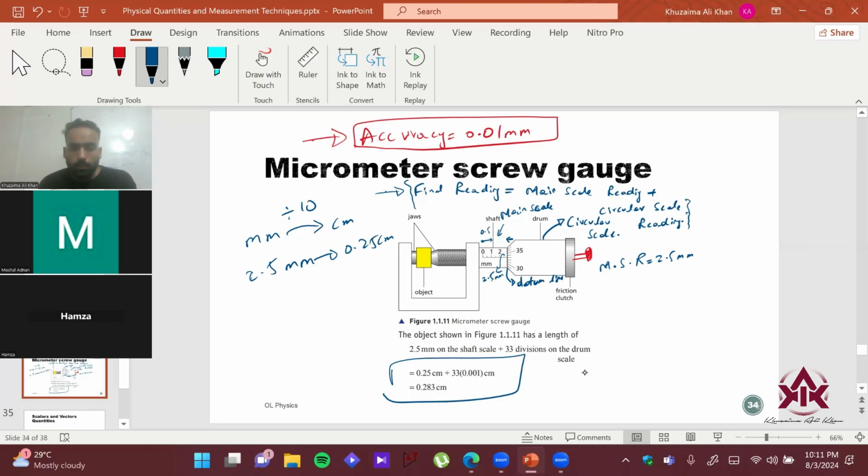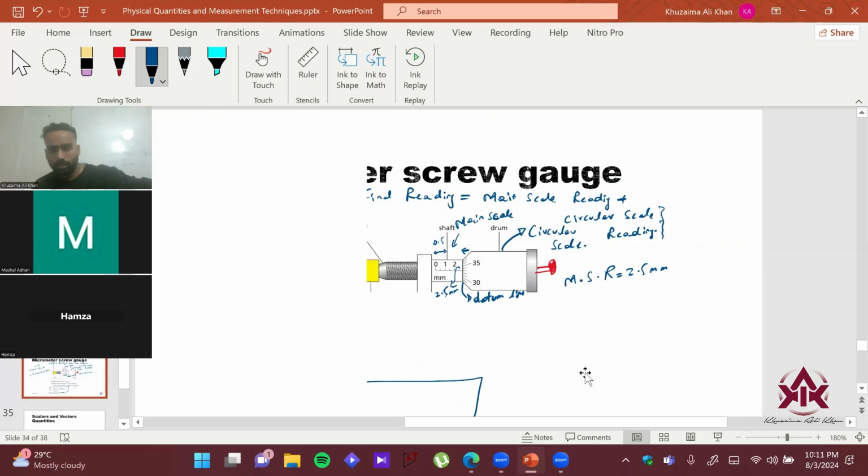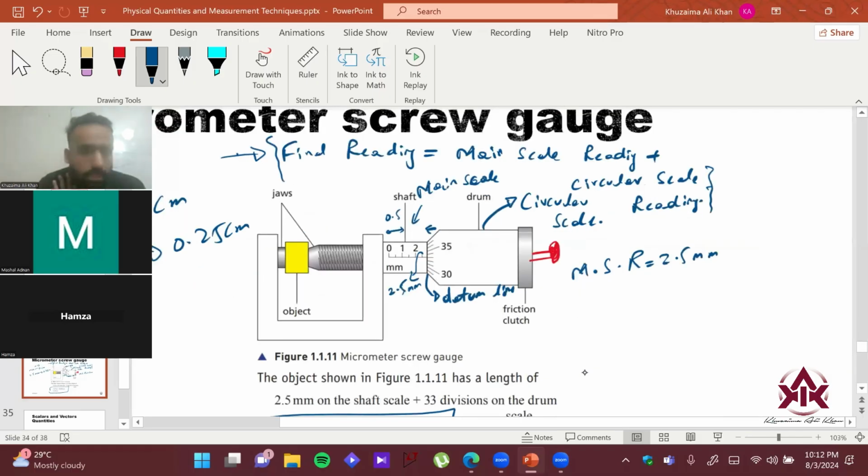And how do you get the reading of the circular scale? Let me just call this the datum line. This is the boundary. So the datum line is basically the horizontal line over here.